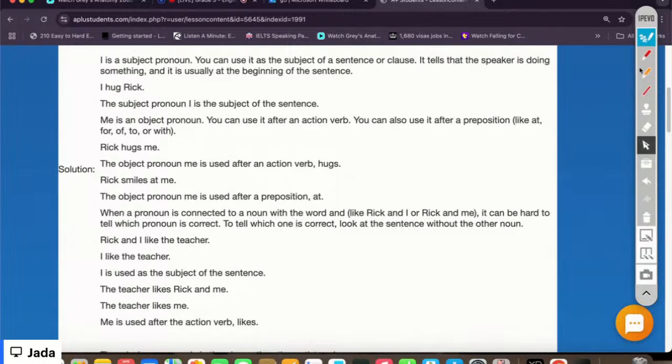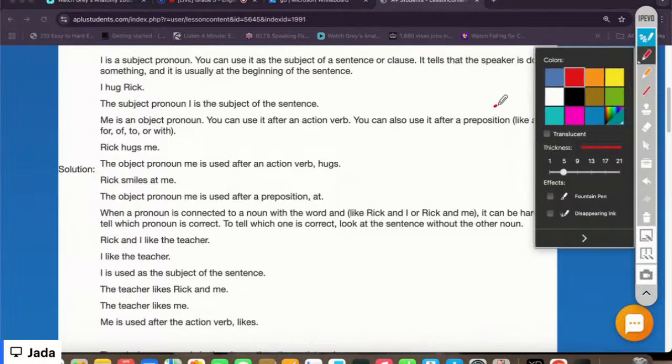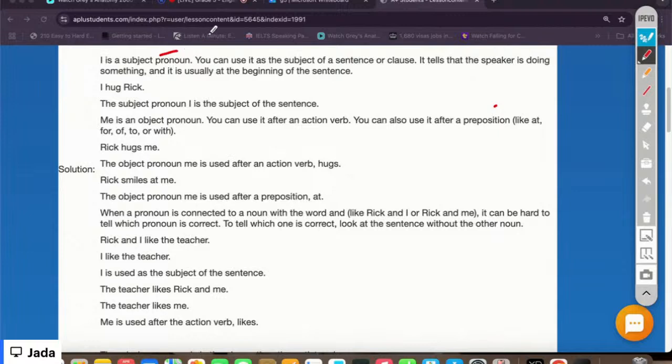All right, so I is a subject pronoun. You can use it as the subject of a sentence or clause. It tells that the speaker is doing something and it's usually at the beginning of the sentence. So it's just like saying, I hug Rick. The subject pronoun I is the subject of the sentence. Then we also have me, an object pronoun.